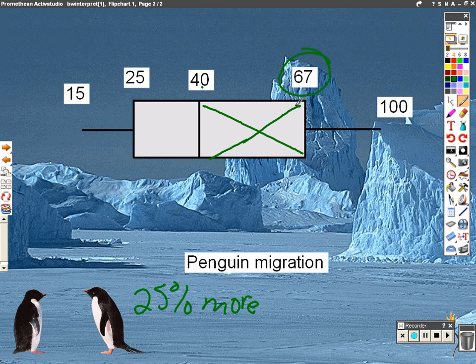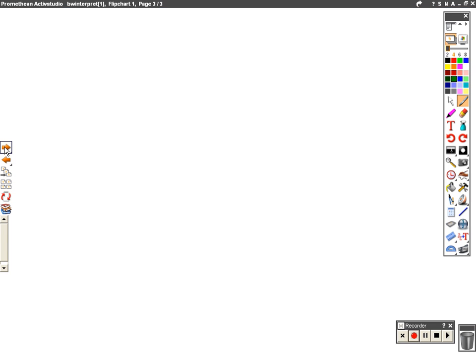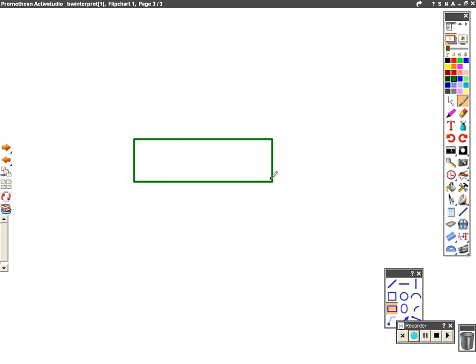Now, I don't want you to think that the mean is always on the right-hand side of the box. So let's quickly look at a different box and whisker. I'm going to get a rectangle, and a line, and let's just come up with some numbers.